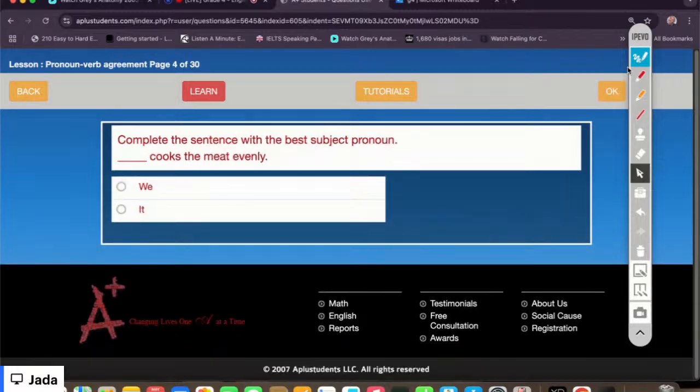Okay. Dash cooks the meat evenly. We or it, first or second.